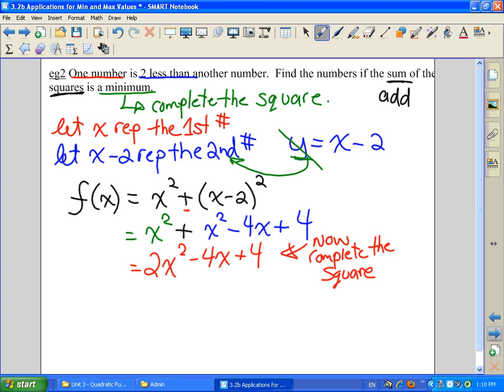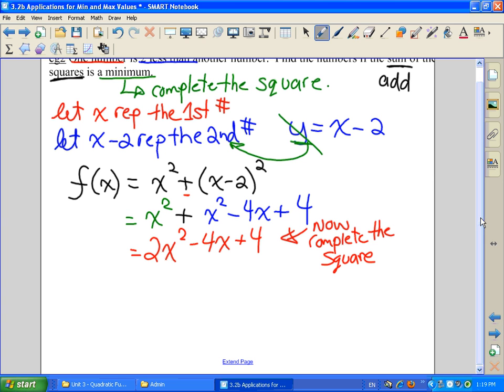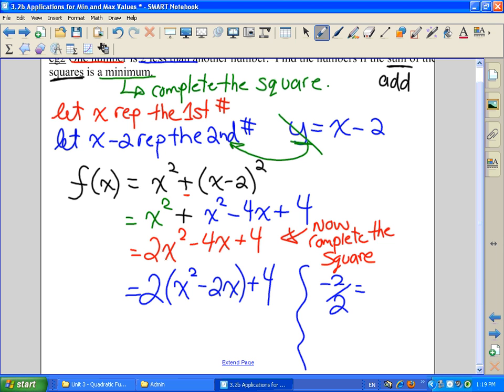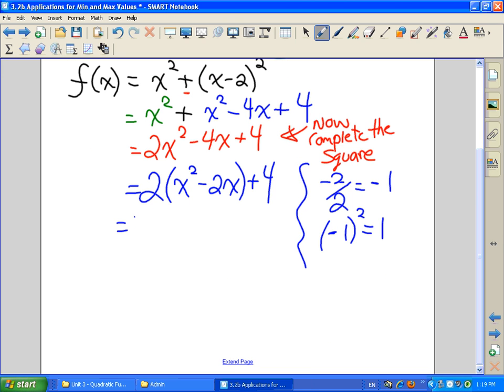All right, so what we need to do first is remove a, or factor out a from the first two terms. So you're going to have x squared minus 2x plus 4. Do your margin work. So you're going to have negative 2 divided by 2, which equals negative 1. And then you take negative 1 and you square it. That equals 1. That's the number we're going to add and subtract inside the bracket.